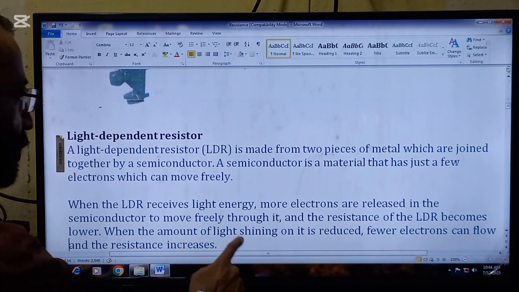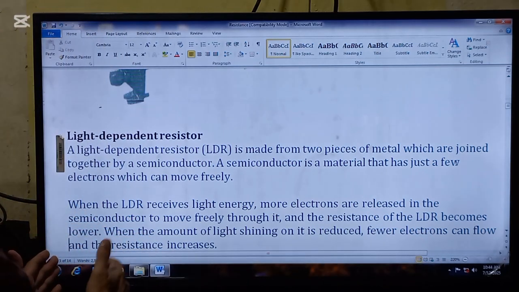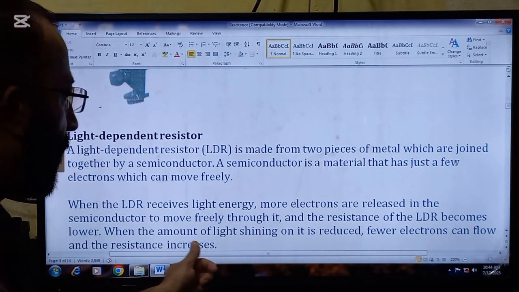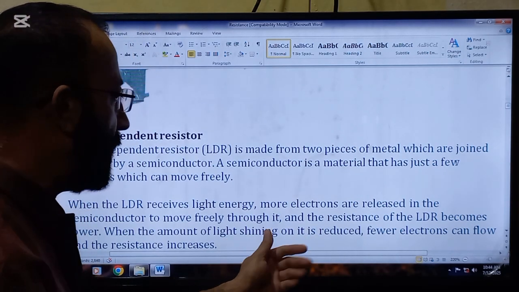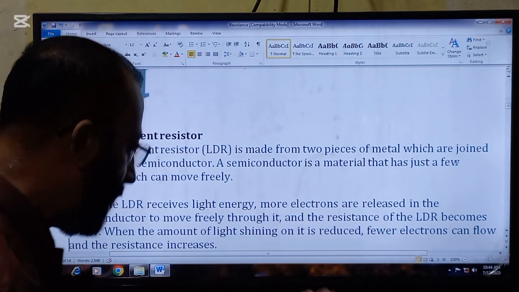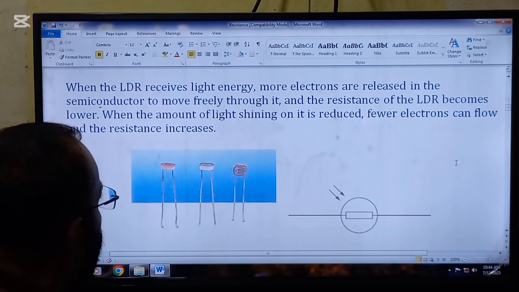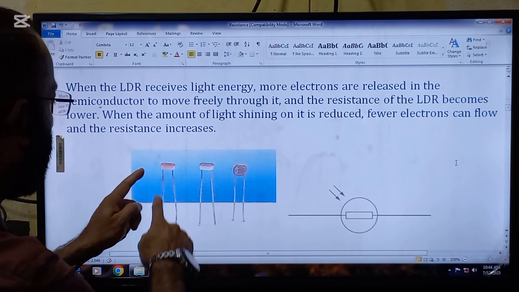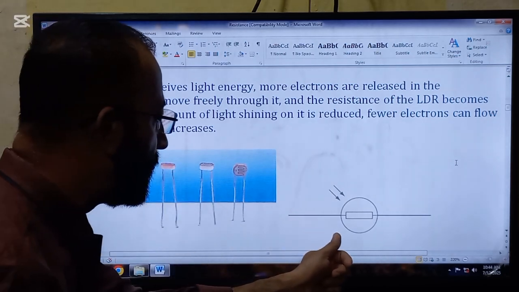When the amount of light shining on it is reduced, fewer electrons can flow and resistance will rise. So, light shining on it is reduced, resistance will rise. Light shining on it increases, resistance will be lower. And here are LDRs. These are two metals joined with semiconductors. And here is the symbol of the LDR.